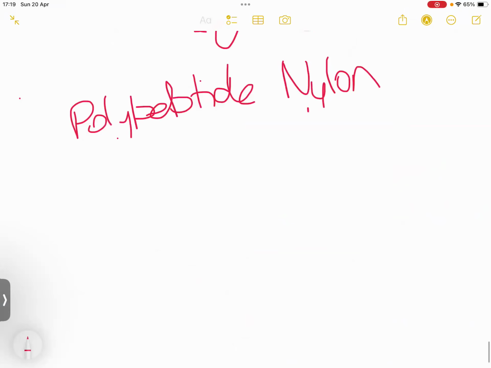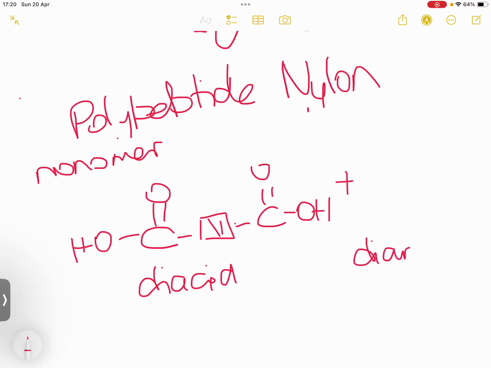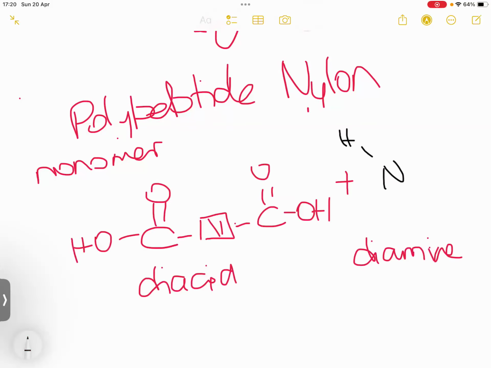And nylon is made from the monomer units diacid and diamine. The diamine has two amines, something in the middle, which I don't care what it is.